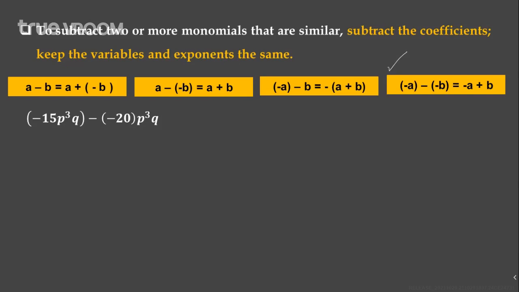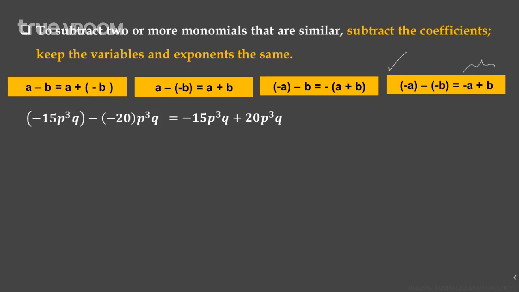We will change first: negative 15p cubed q, this will become plus, this will become 20.